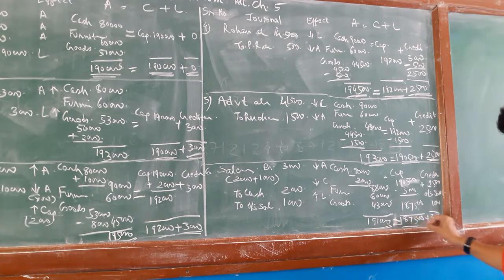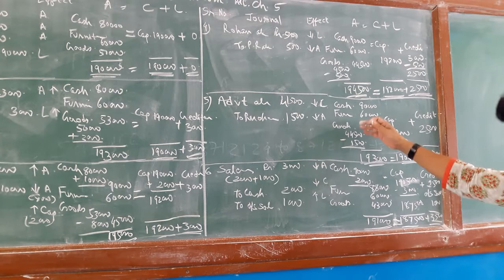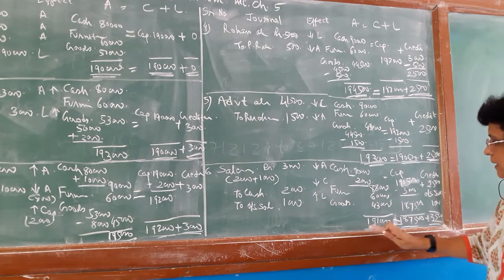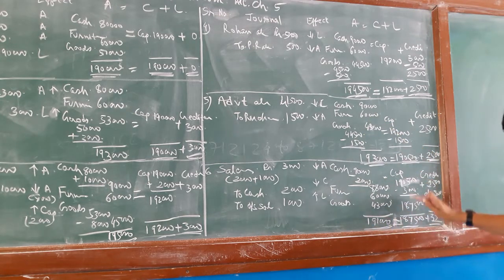So in this manner, in the accounting equation, your asset side total is 1,91,000, capital 1,87,500, and the liability side consists of two liabilities: one is the creditor, the same as earlier, and second is outstanding salary of 1,000.